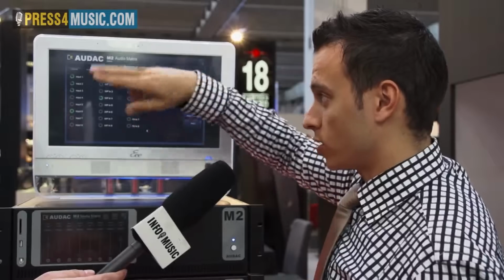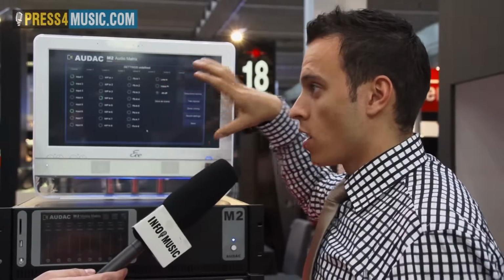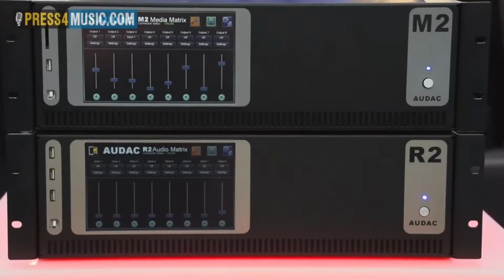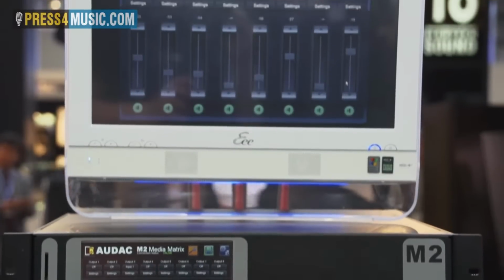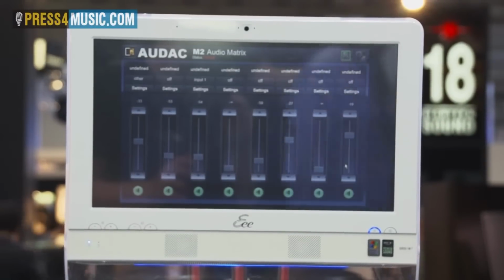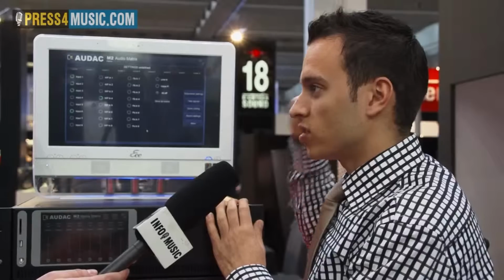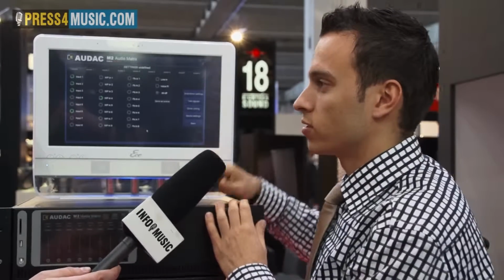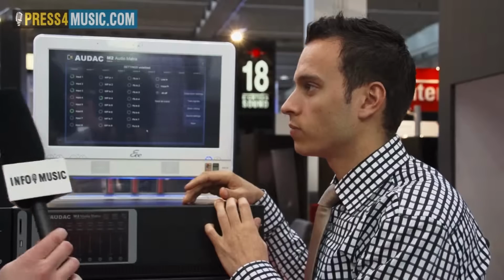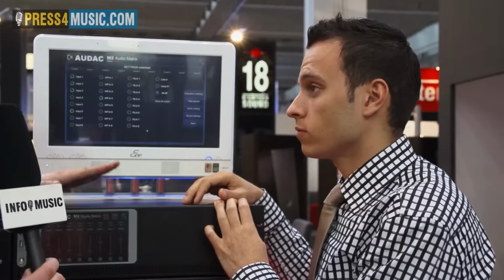So this was just one output we're looking at now, and then we can set for all 8 outputs together 8 global scenes. So that's quite handy that you're able to save your settings, in this simple and easy to use way. It's very convenient and compact.